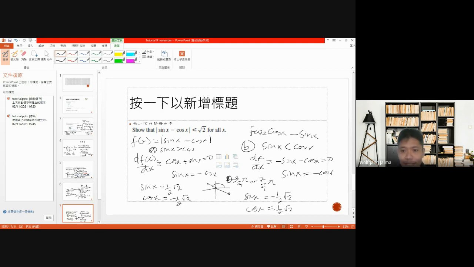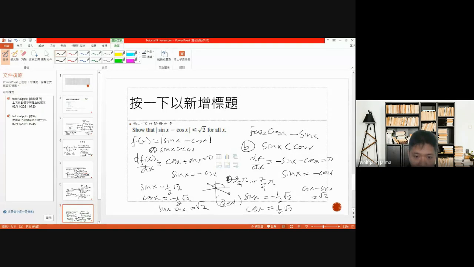And here you get cos x minus sine x will be square root of 2, and the same here, sine x minus cos x will be square root of 2. So I think that answers our question. And in the exam you must write much better than what I do, because I don't have time here to make it prettier and more systematic, but I hope you get the point.